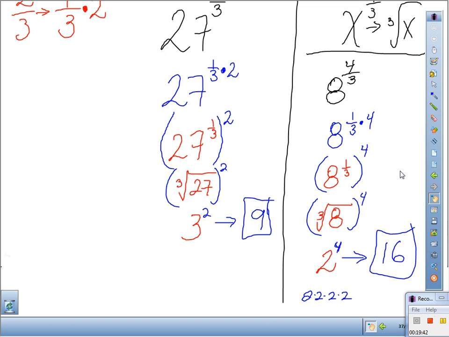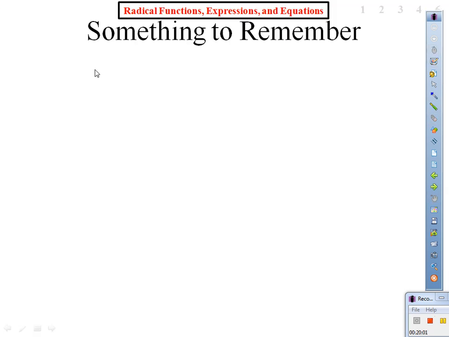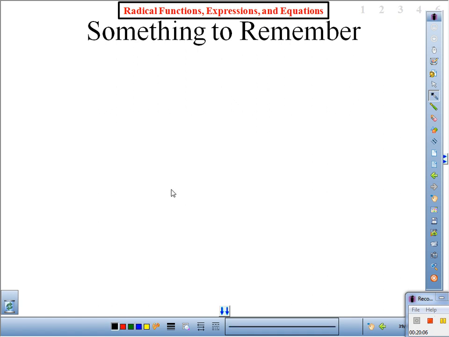So before we get into the main part, I need one more component before we get started. Last thing. Look up. Last thing to remember. Check this out.